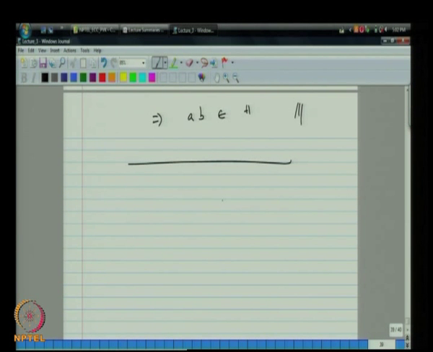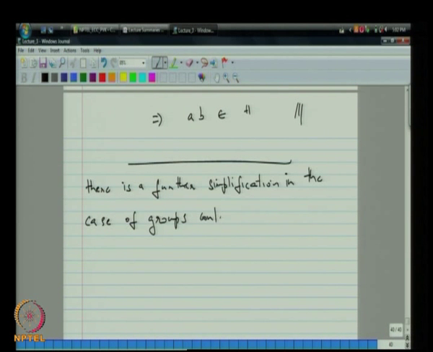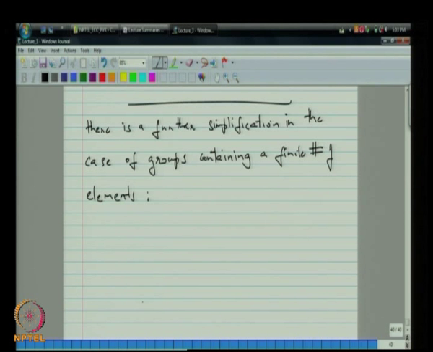There is a further simplification in the case of groups that have a finite number of elements. And we will put down a lemma for that.